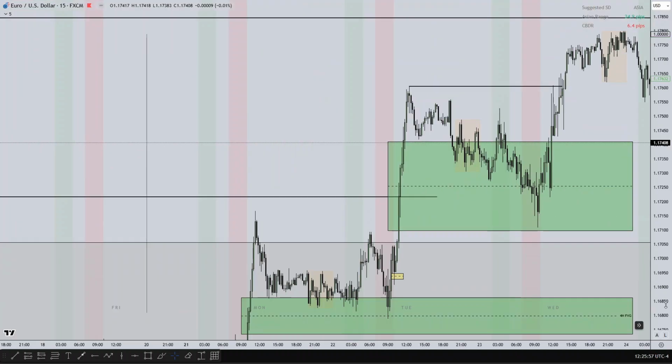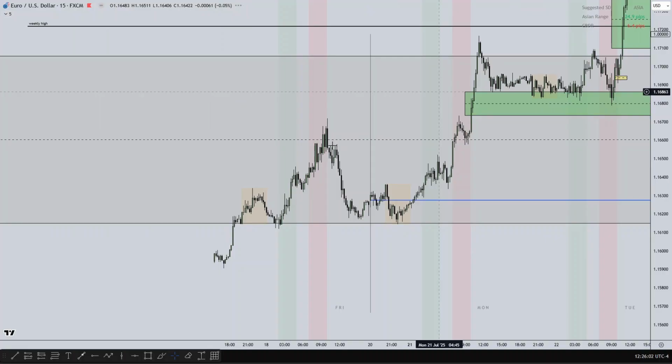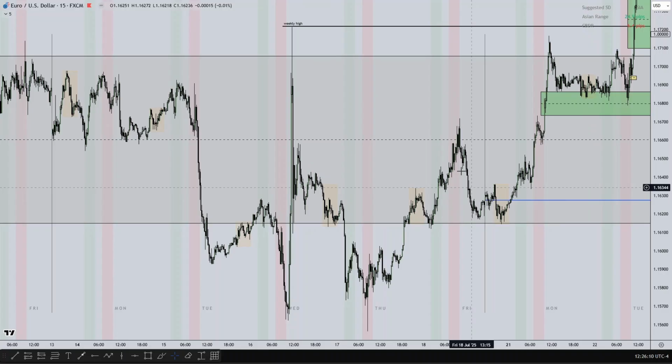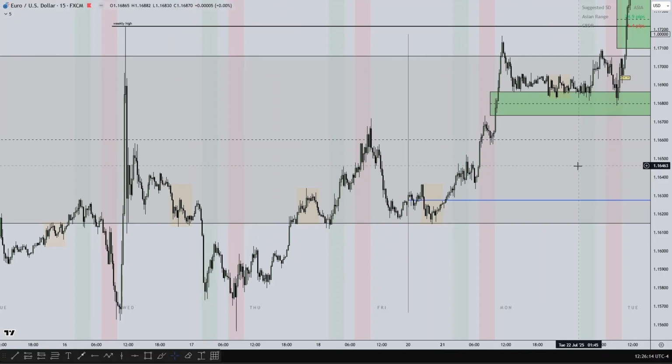So we must have anticipated price to do a shift in structure for it to close back into the weekly fair value gap, which was what price did on Thursday and on Friday last week. So we are looking for a trend continuation this week. That's why it's called the weekly trend continuation profile.